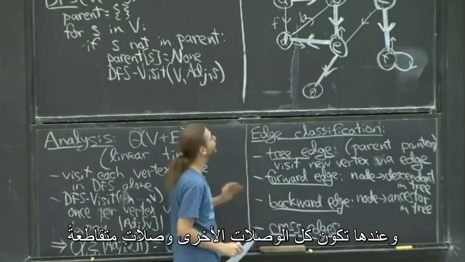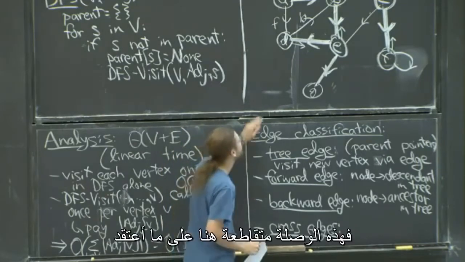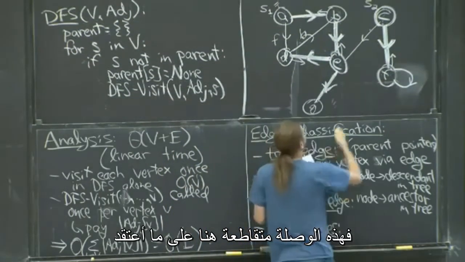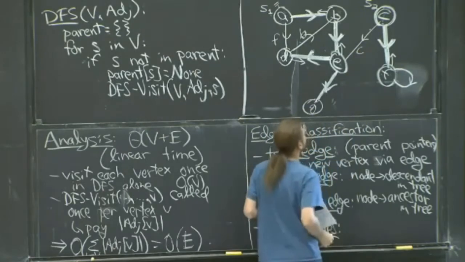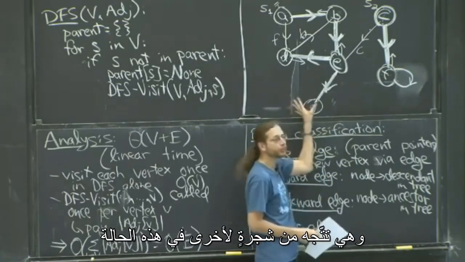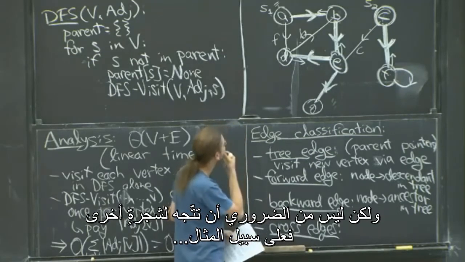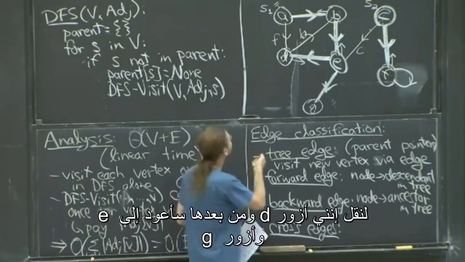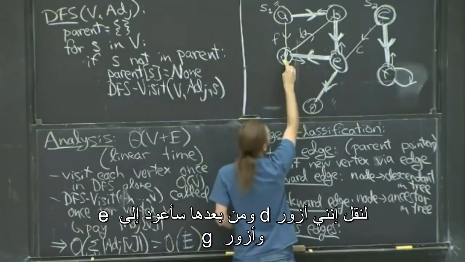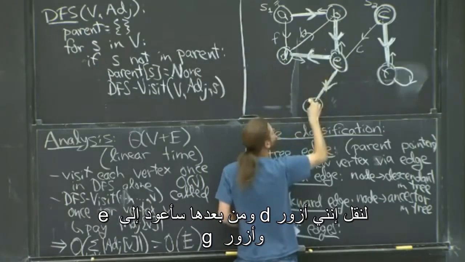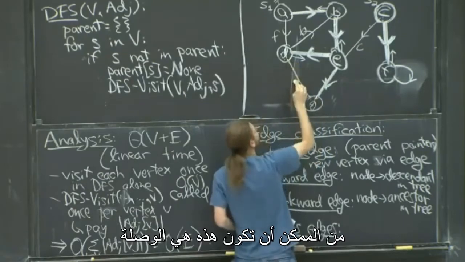And then all the other edges are cross edges. So I guess here, this is a cross edge. In this case, it goes from one tree to another. It doesn't have to go between different trees. For example, let's say I'm visiting D, then I go back to E, I visit G. There could be this edge.